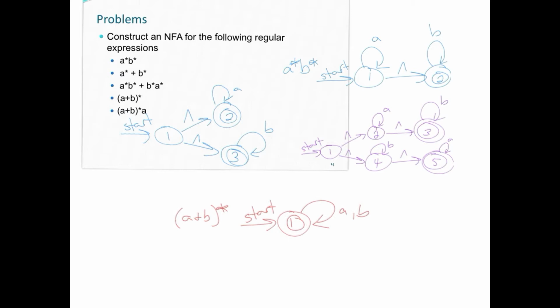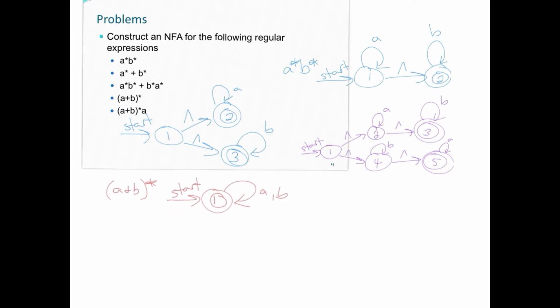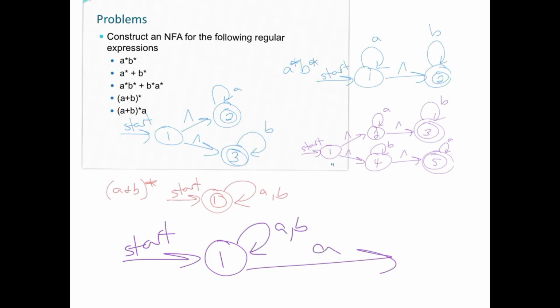All right. And the last one is A plus B starred followed by an A. And again, I think we've done this before, but maybe it's just very similar to what we did before. We're going to have our start, as many A's or B's as we want, and in the end, we have an A, and we go to state 2 where we accept.